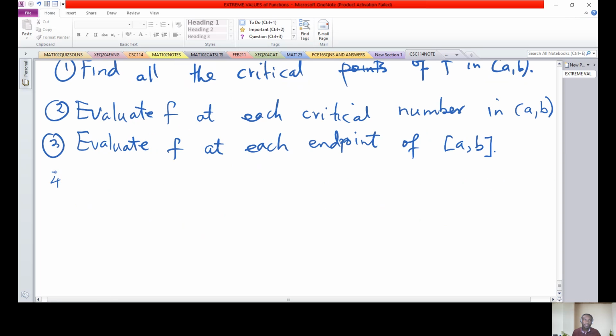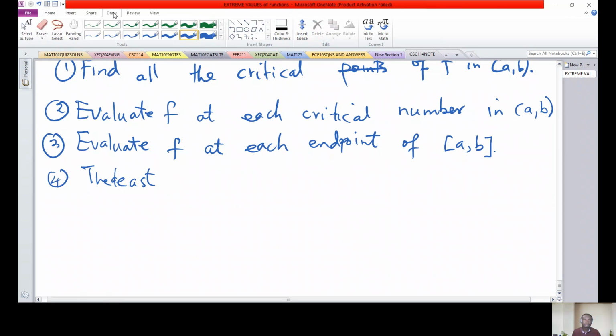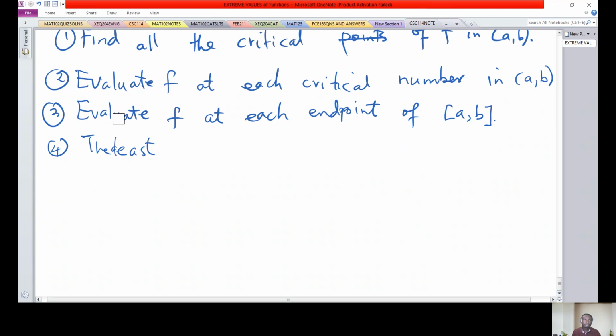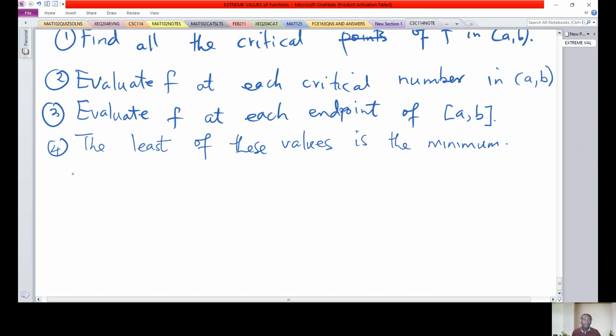And then lastly, number 4, the least of these values is the minimum, and the greatest of these values is the maximum. So these are the steps. So let's do some examples.